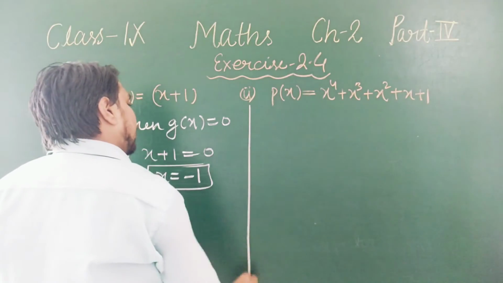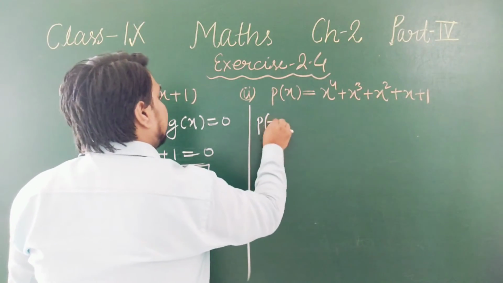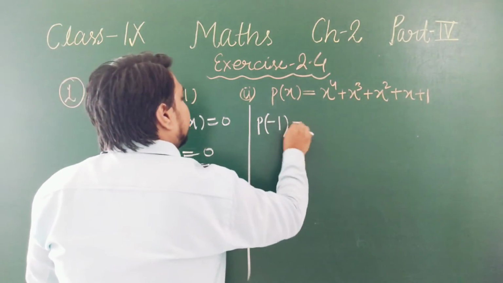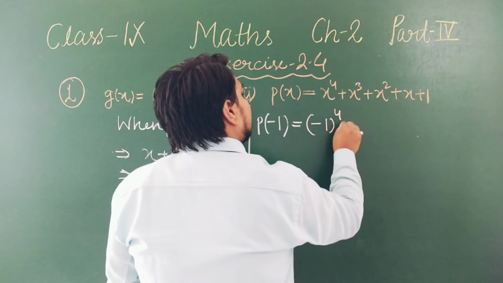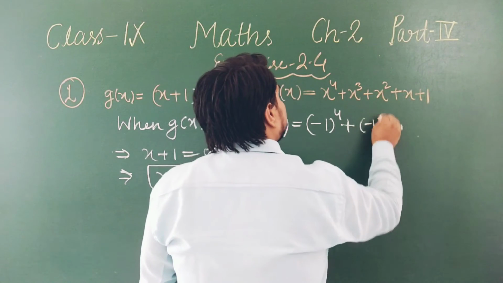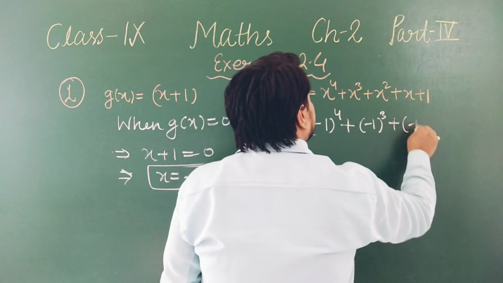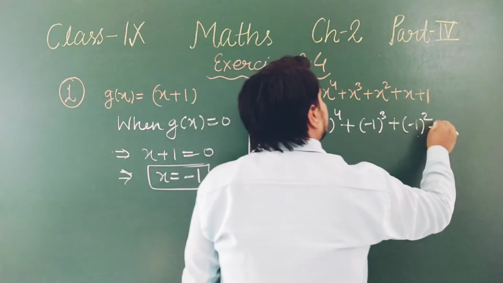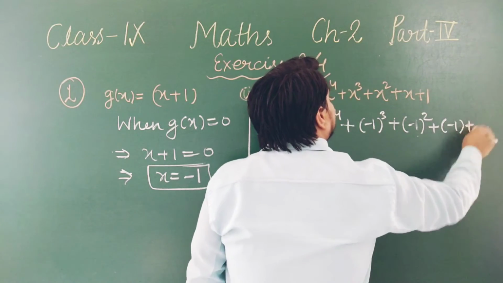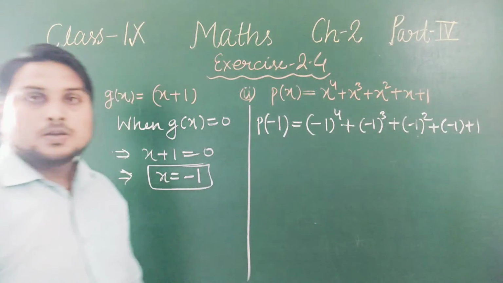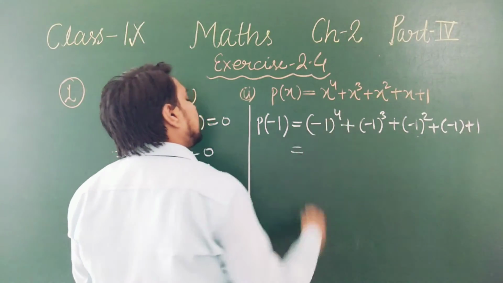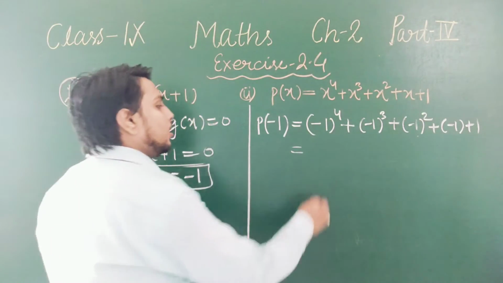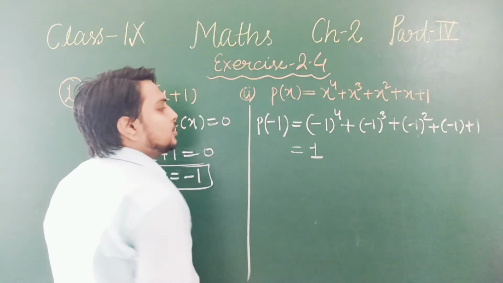Then in the polynomial, when we put the value, we need to find p of minus 1. So it will be minus 1 to the power 4 plus minus 1 to the power 3 plus minus 1 to the power 2 plus minus 1 plus 1. Minus 1 to the power 4 is an even power, so it will give a positive result.